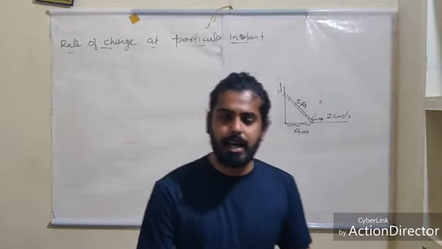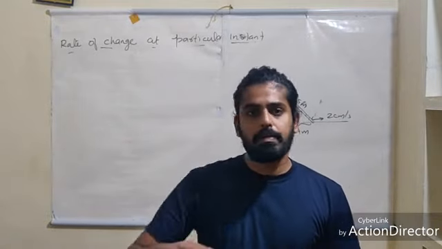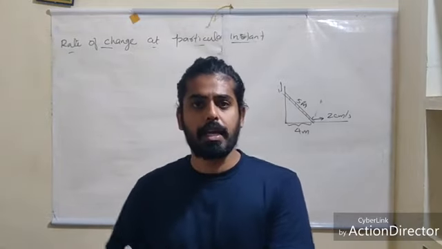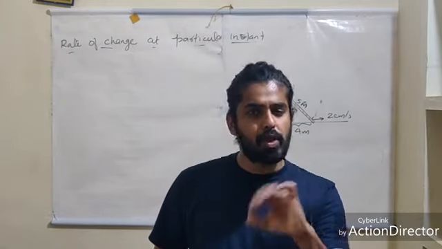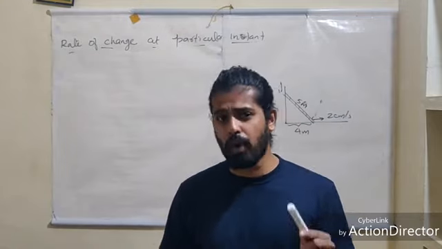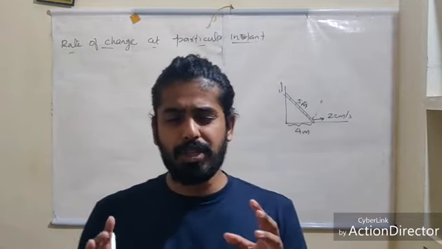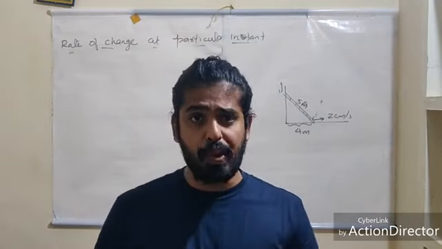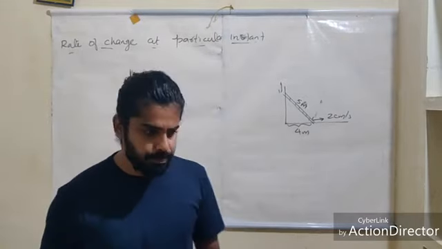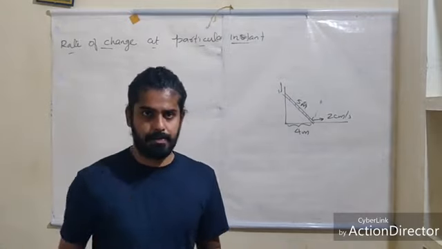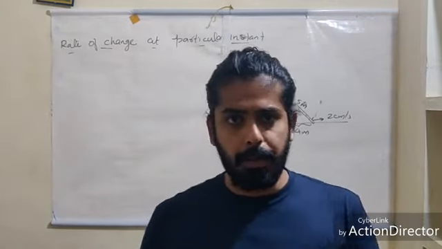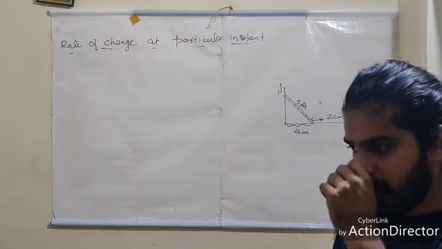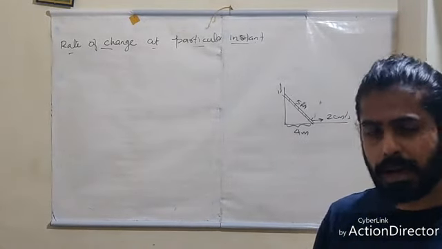Will it come down at greater than 2 centimeter per second, or slowly? I am asking this to a common man, not to a +2 student. Just think. You can ask anyone who doesn't know about differentiation.